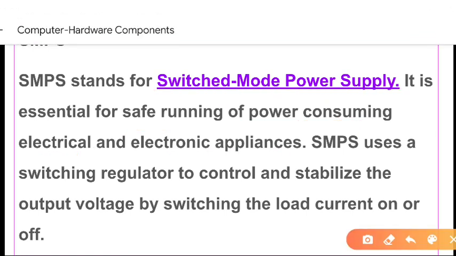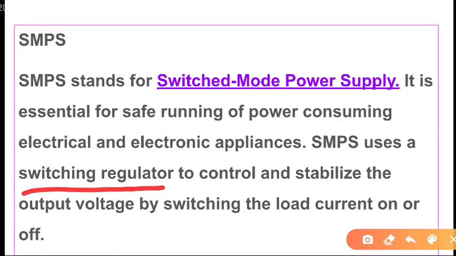Okay. SMPS uses a switching regulator. What is a switching regulator? It is just like your fan regulator. Have you seen how you control the speed of your fan with the help of a regulator? In the same manner, there is a switching regulator inside the SMPS device.